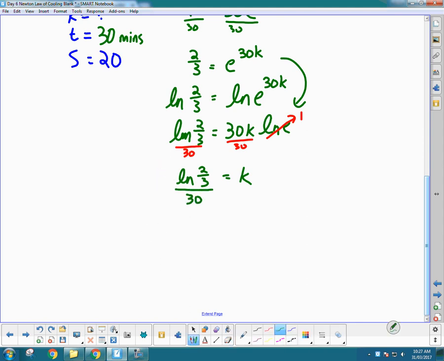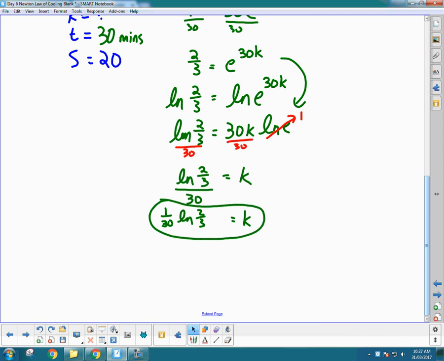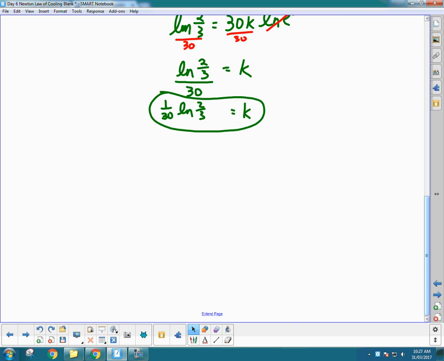I know that, but instead, I'm just going to write 1/30th ln 2/3. And again, you see why it's important to leave that as 2/3. This will be much more accurate. There's our k value. So just like yesterday, we used the snapshot to figure out the k value. We now know all the information we need, and we can go off and actually answer the question. So that's step 3.